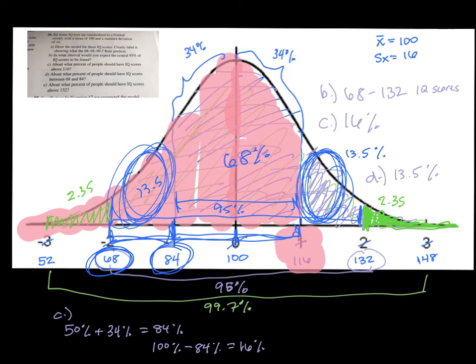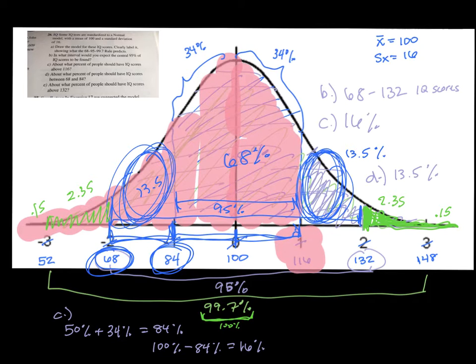But I still have some left over because we're only at 99.7% and I need to be at the total of 100%. So if I take 100% minus 99.7%, that's going to give me 0.3%, and 0.3 divided by 2 should give me 0.15%, which is right after that -3 and that +3.